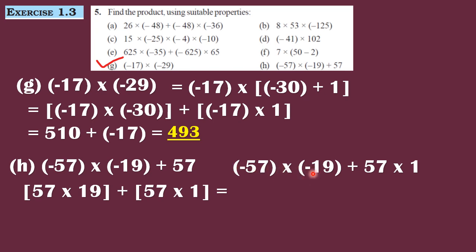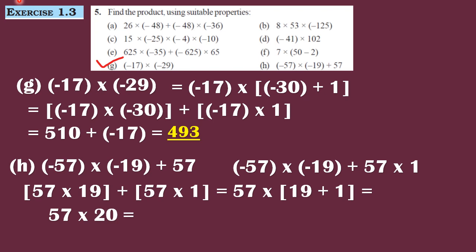Negative into negative, positive will come. So what I did is this negative sign of this minus 57, I gave to this 19. So 19 already a negative, so when we multiply, it will become positive. That is fine. So equal to 57 into 19 plus 1, that is 57 into 20, which is equal to 1140.